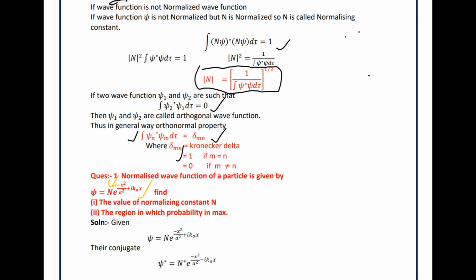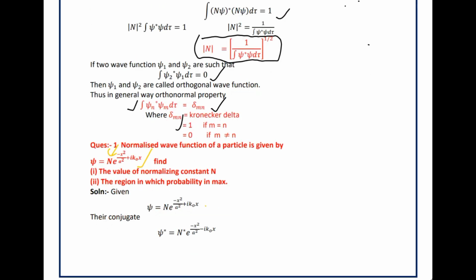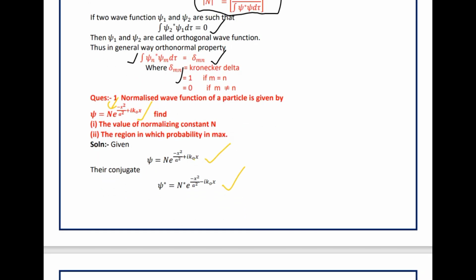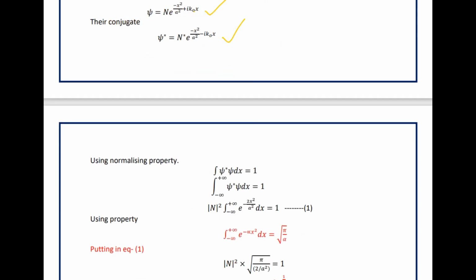So the given function is this. Now take its conjugate, i is replaced by minus i. Now apply the normalizing condition integral psi star psi dx is equal to 1, and if the limit is not given, then our wave function vanishes at x tends to plus minus infinity.